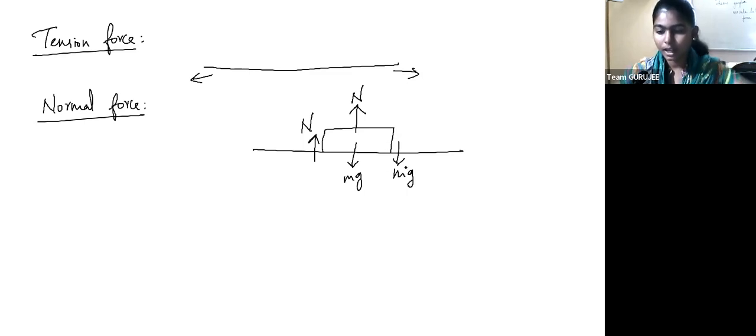Not that two forces need to be moving; even a resting object can be an example of a balanced force. So this is how your normal force will act: your table exerting some force over the object placed on it. That is what your normal force is.